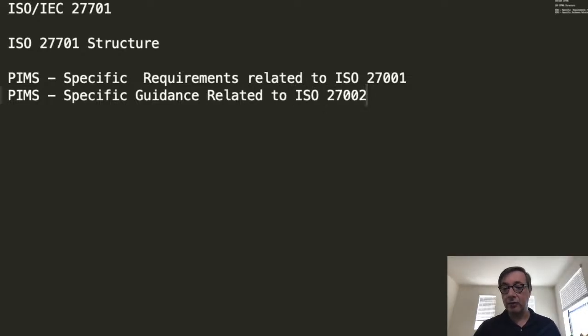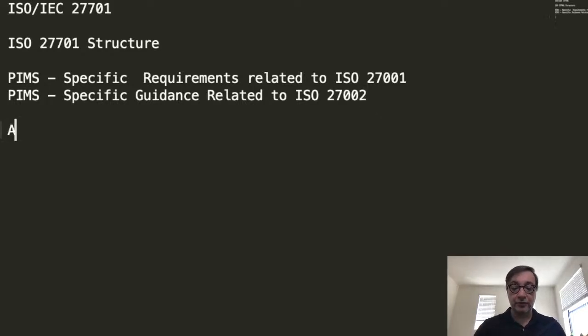Why guidance and requirements? Remember that the 27001 is a standard. Everything listed there is a requirement, something that must happen. The ISO 27002 is just a guide, right? It's not obligatory that you have to put in all the controls, but it's there to help and support you to be compliant with the 27001. So also here with the 27701, there is a reference to the 27002, but as guidance, not as a requirement.